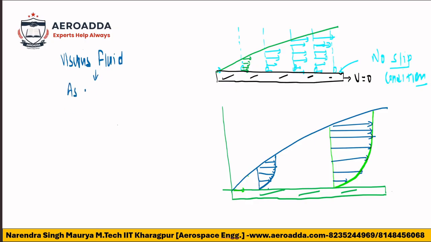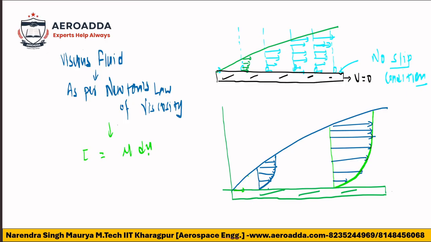As per Newton's law of viscosity, tau, the shear stress, equals mu du by dy.